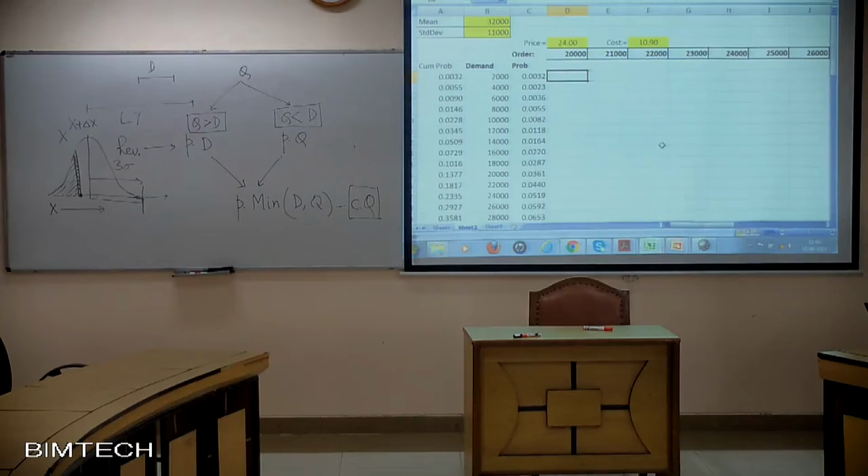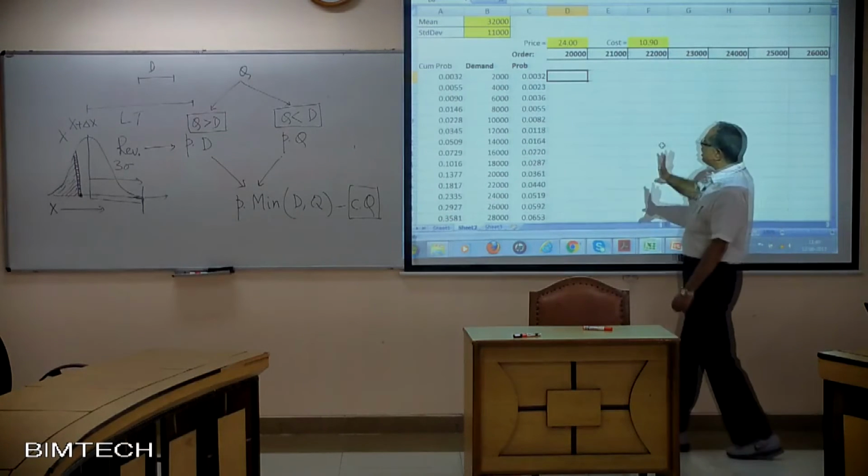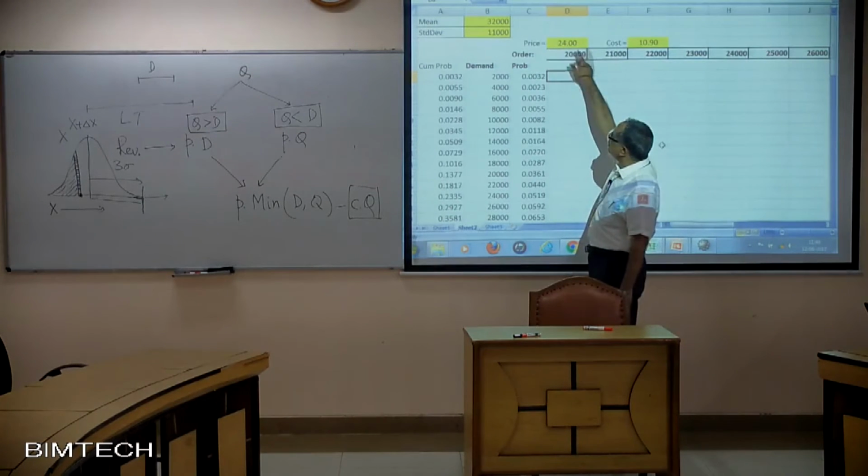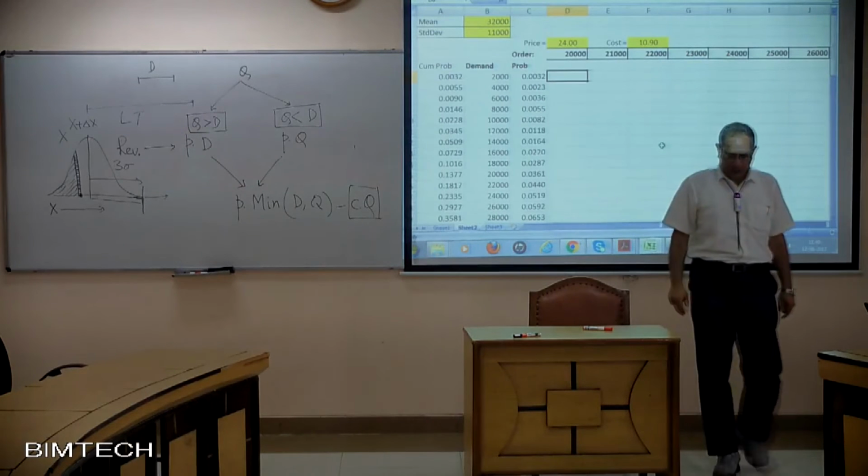Now we have the demand values, we have our respective corresponding probabilities. Now comes our profit calculation for any combination of demand and the order quantity.